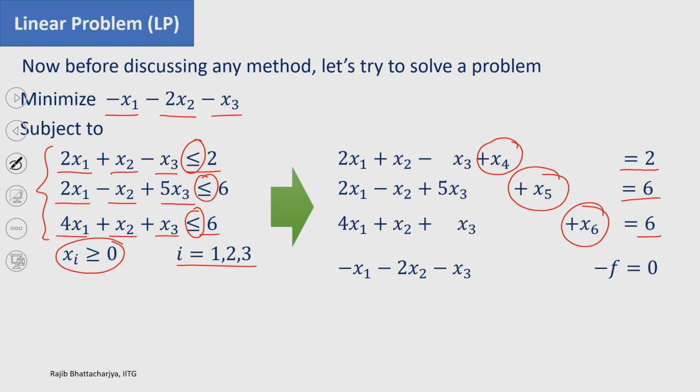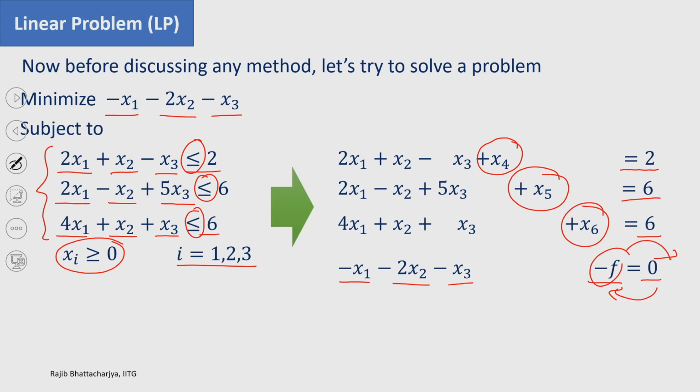Then I write the objective function: minus x 1 minus twice x 2 minus x 3, and I write minus f, taking f on this side, equal to 0. Or, if you take f on the other side, f equals minus x 1 minus twice x 2 minus x 3, but I am putting f on this side.